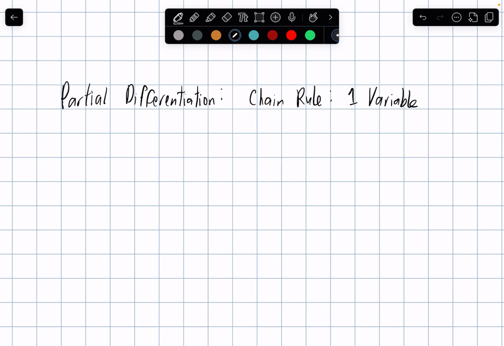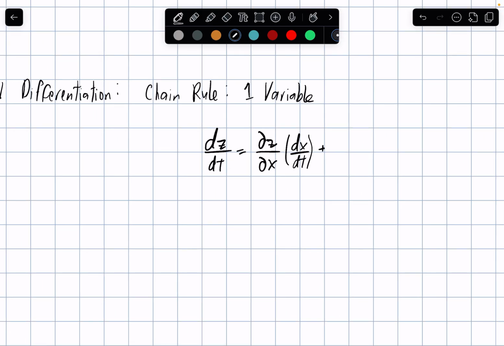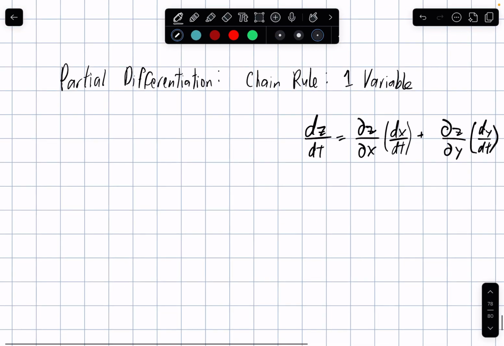When we say one variable, typically the formula looks like this. dz over dt is equal to partial z over partial x times dx over dt plus partial z over partial y times dy over dt. So that's how the formula typically looks.